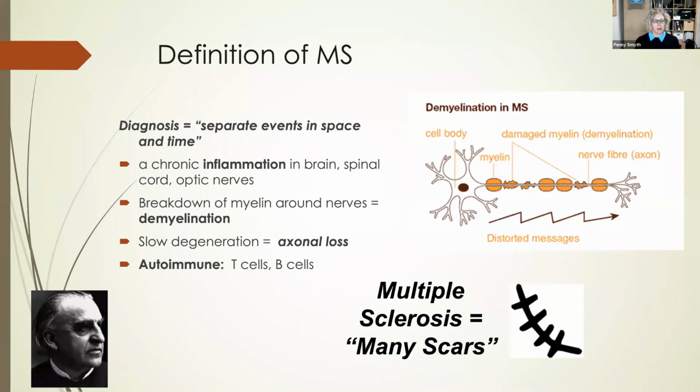So this descriptor by Charcot is actually still what we use and apply on a daily basis when we're making a diagnosis about MS, and then also how we're monitoring MS over time.